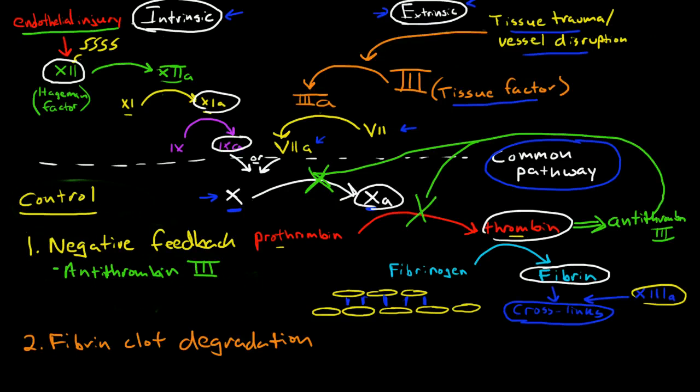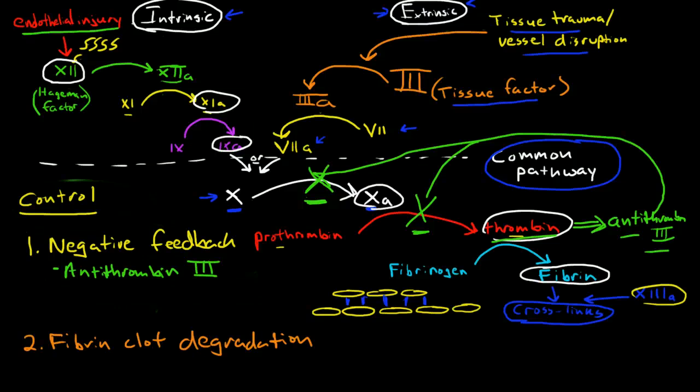So it works in two areas. So the more thrombin that there is, the more active antithrombin 3 is, and it will block clotting in both by preventing the creation of factor 10A and by directly preventing the creation of thrombin.